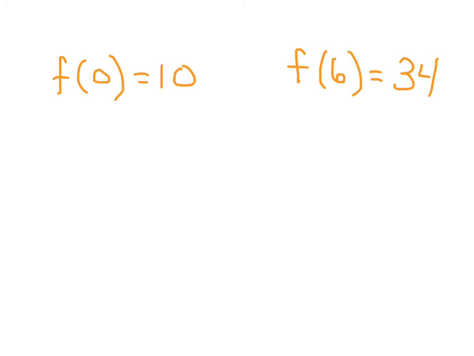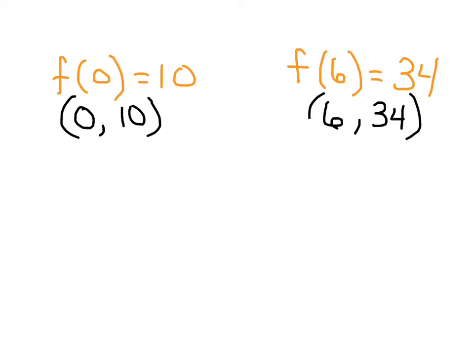No. On this first one, f of 0 equals 10 is the same thing as writing the ordered pair (0, 10). And f of 6 equals 34 is the same thing as writing (6, 34). Is that any different than the ones we've been doing? No. It's the same, isn't it? It's just written in a little different format. That's all.